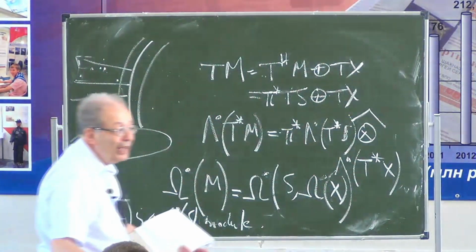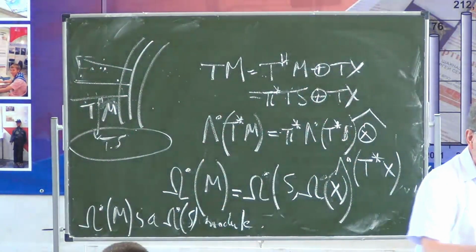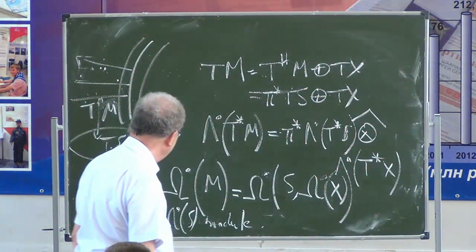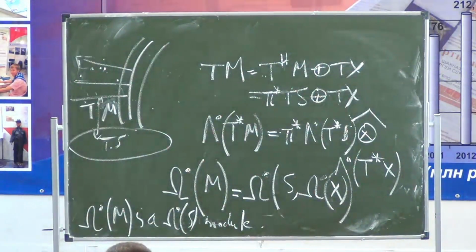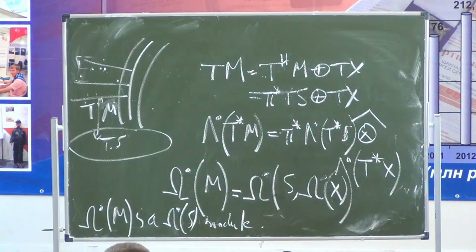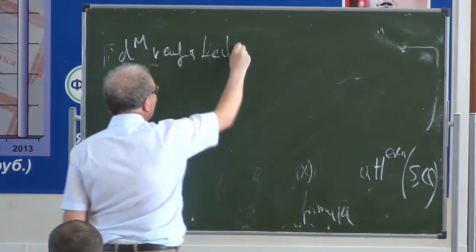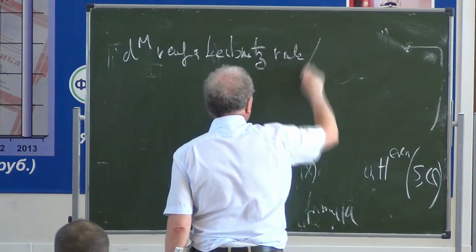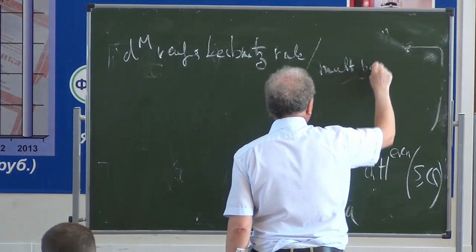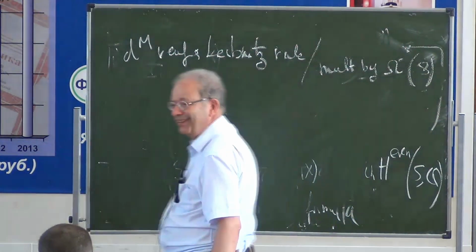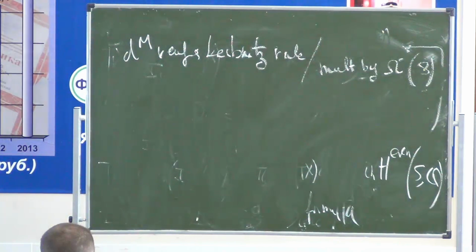In other words, if you take a form on M, you can always multiply smooth forms on M by pullbacks of forms on S. And of course, since the de Rham operator verifies the Leibniz rule, then the operator dM verifies the Leibniz rule with respect to multiplication by Omega of S. Since it verifies the Leibniz rule on M, it obviously verifies it when you just restrict multiplication to multiplication on S. Now we use this identification here.